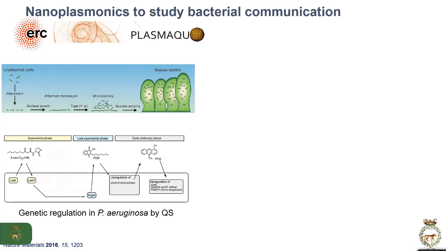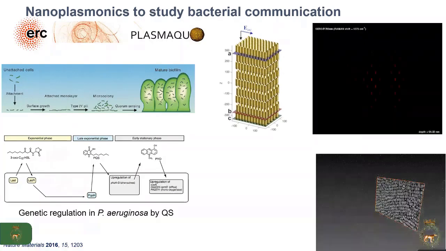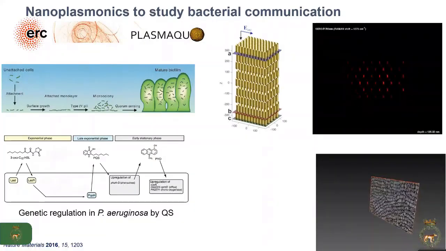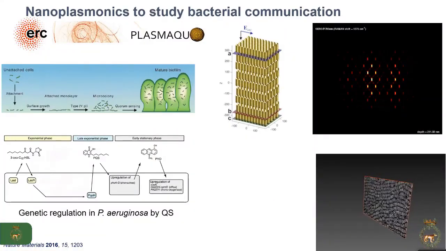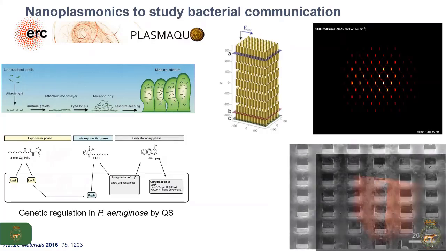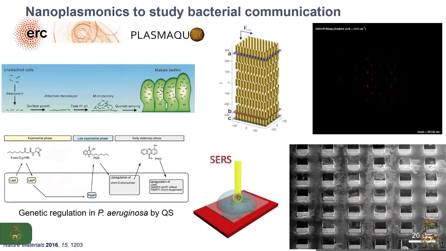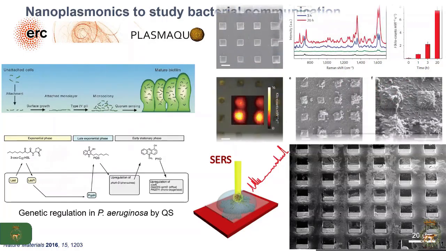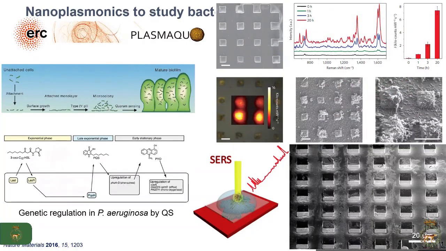So they can actually read how many individuals are in the population, and then they decide how to create a biofilm. And so what we did was actually calculating and creating the substrates that allowed us to grow bacteria on top of them, and then by measuring the surface-enhanced Raman spectrum of one of these molecules, we can actually monitor at which moment bacteria decide to create a biofilm.